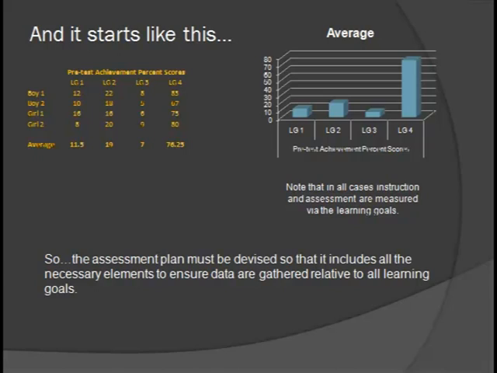Take for instance Girl 1. Girl 1 on Learning Goal 1 got 16%. Not very good, but this is a pretest. We're not too worried about that. Girl 1 on Learning Goal 2 also got 16%, which is not out of line with the other scores, really.